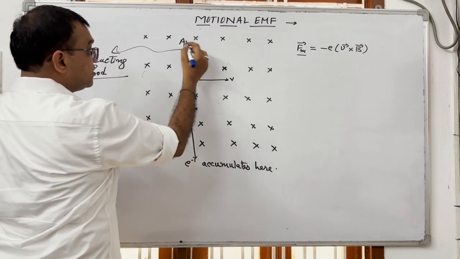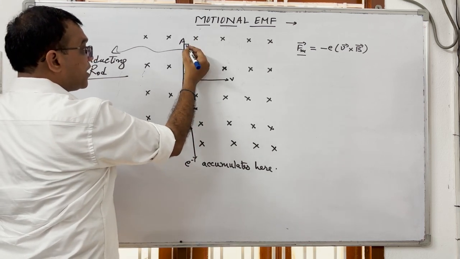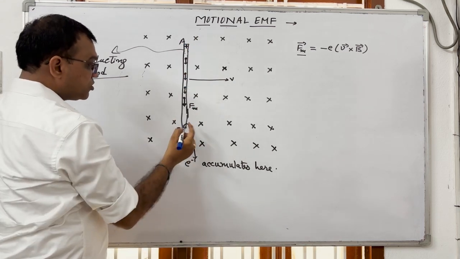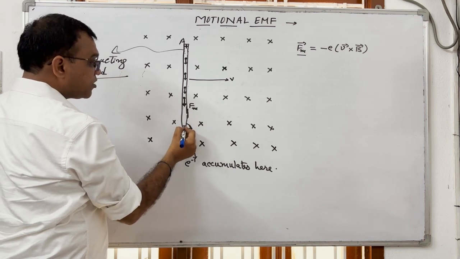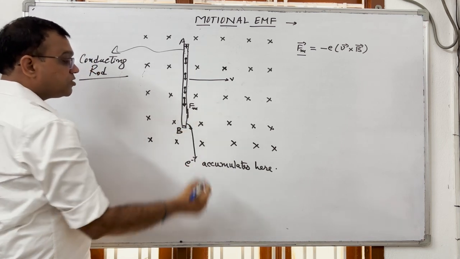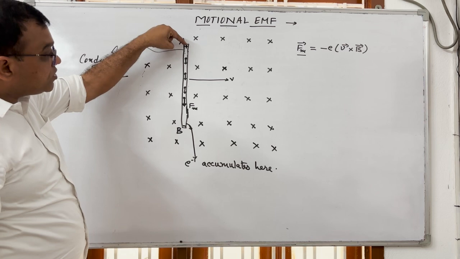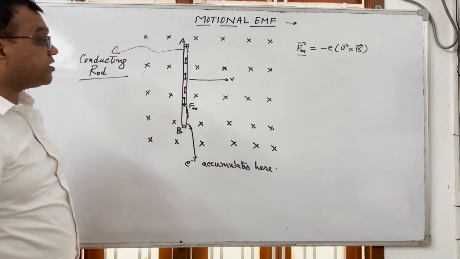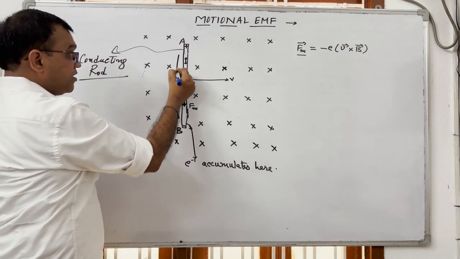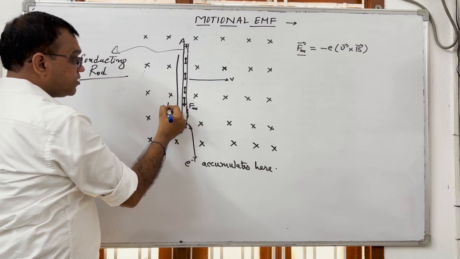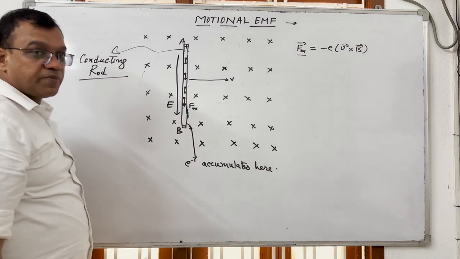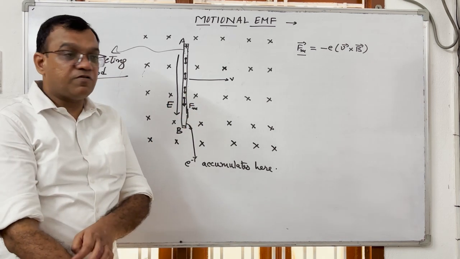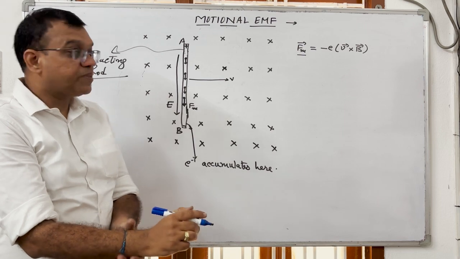So as a result, this part acquires the positive charge and this part acquires the negative charge. Because of this accumulation of positive and negative charge, an electric field will be developed from A to B.